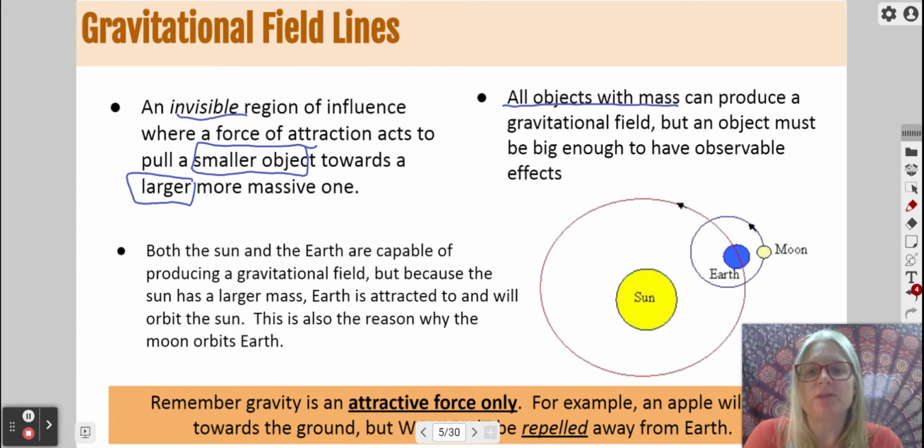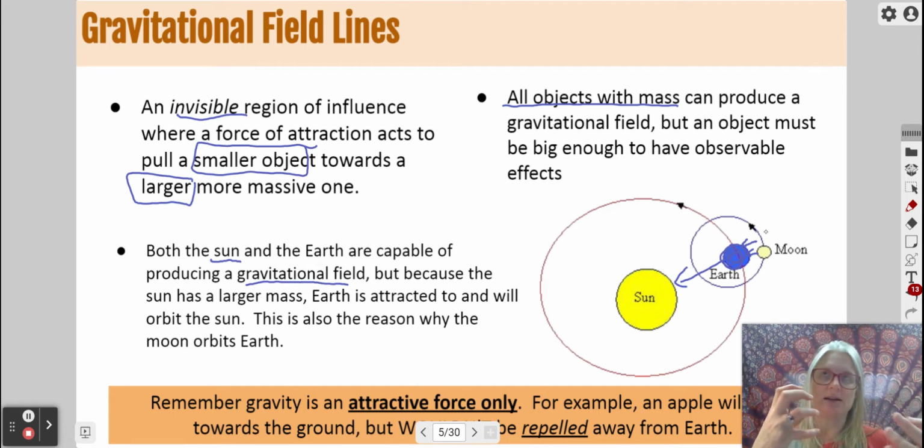Same with the sun. The sun creates a very, very strong gravitational field that Earth is always feeling, and that's pulling us towards the sun and keeping us in orbit, as is the moon. The moon is also affected by the sun, but because Earth is closer to the moon, there is a stronger effect on our moon towards Earth than the sun.